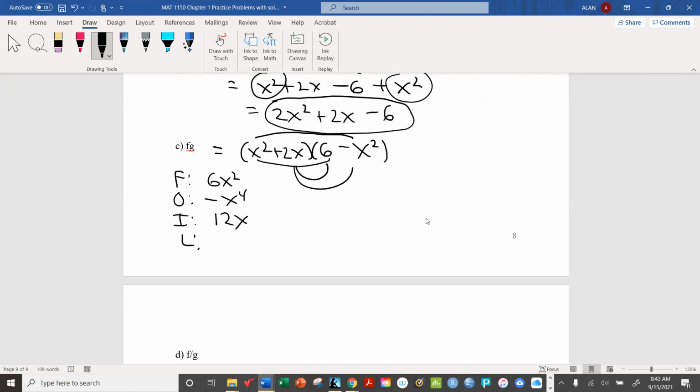And then this is last, minus 2x cubed. Now it appears that there are no common terms, no like terms. So we'll just write this as negative x to the fourth minus 2x cubed plus 6x squared plus 12x. So notice the convention is to write them with the highest exponents first and work your way down to the lowest exponents and then save the constants, if there are any, for last.